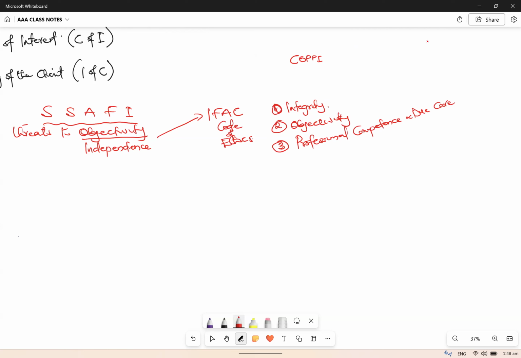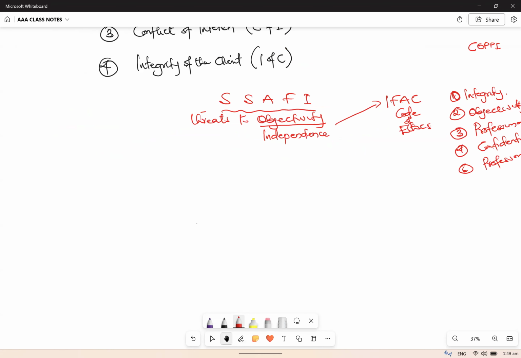Professional competence means you should be experienced and knowledgeable enough. Then 4 is confidentiality, which we will discuss today. And the last one is professional behavior: do not behave in any way that brings disrepute to the profession of accounting.